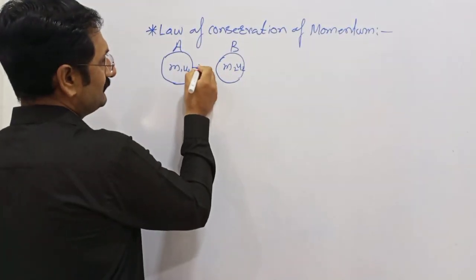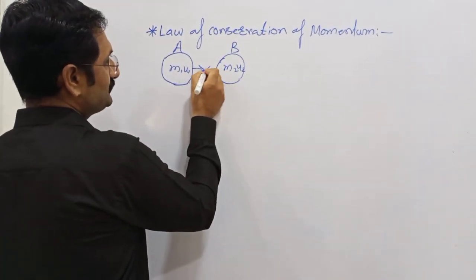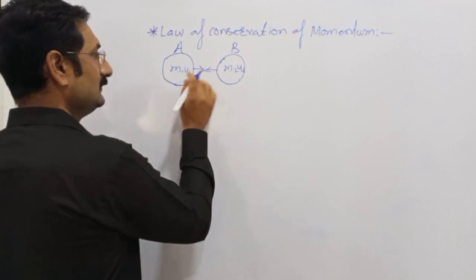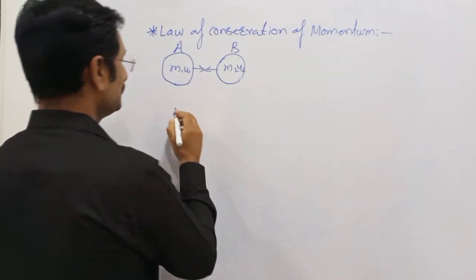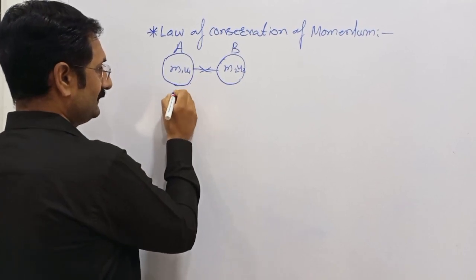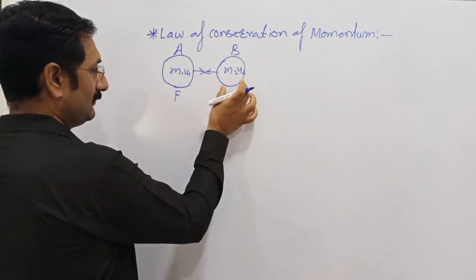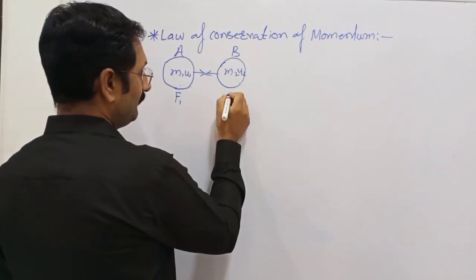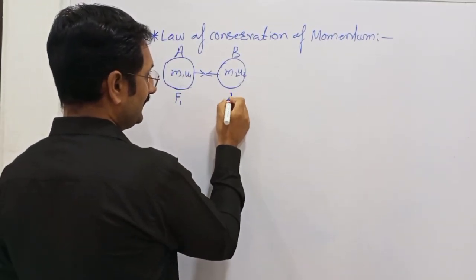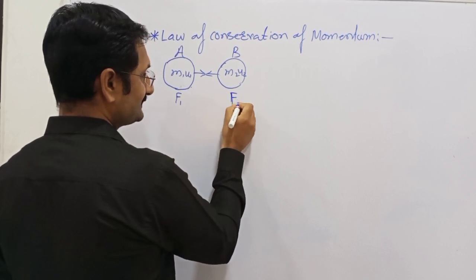When these objects collide, meaning when they interact with each other, the force exerted by object B on object A is F1, and the force exerted by object A on object B is F2.